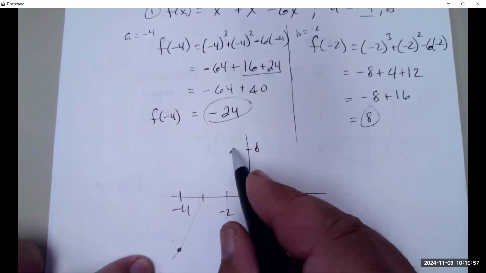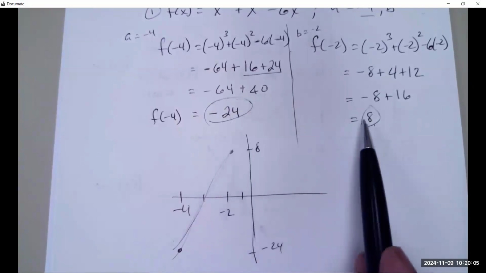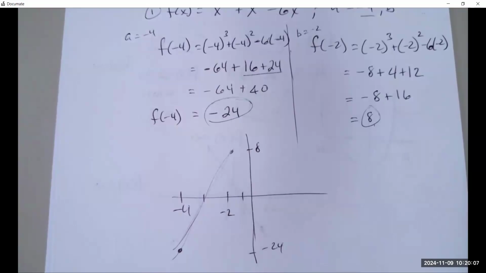So the only way they can be connected is if it crosses at least once. But if they both have the same sign, we can't do anything. It may have an x-intercept, but this test doesn't work. That's all it tells us. It doesn't tell us how many or where, it just tells us at least one exists.